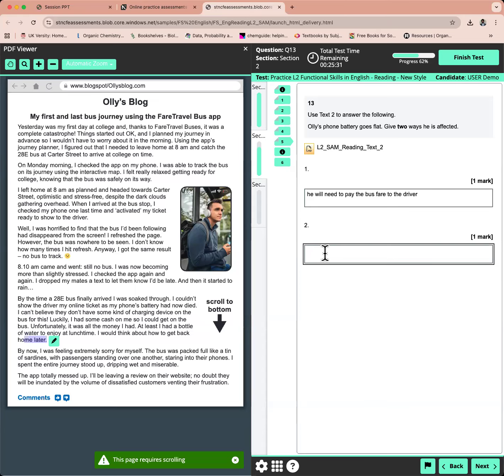And the second is, if the phone battery goes flat, the user would be required to buy a physical ticket from the driver.